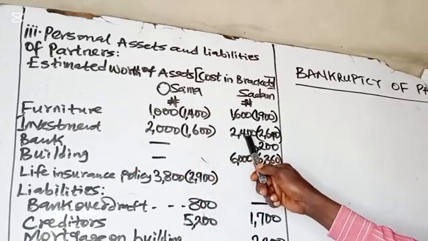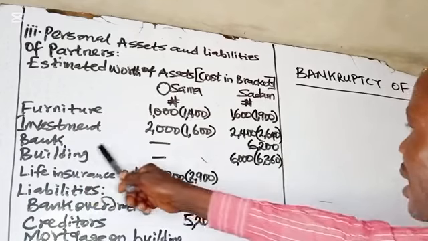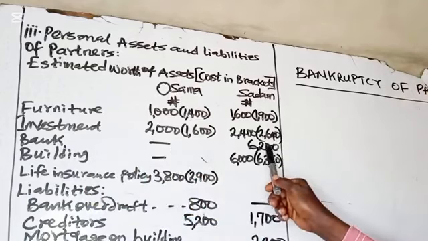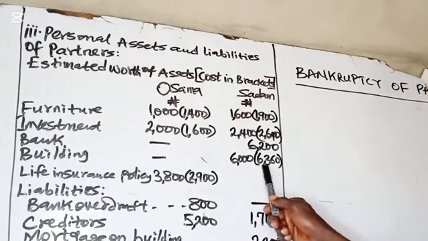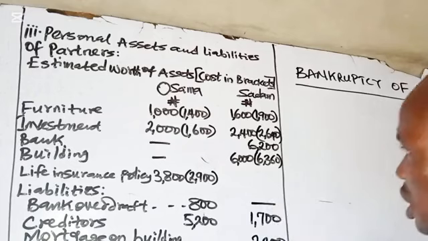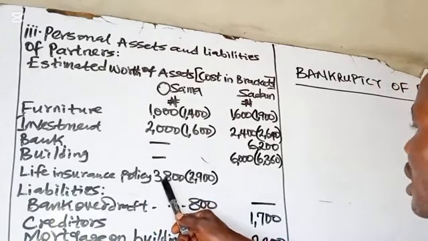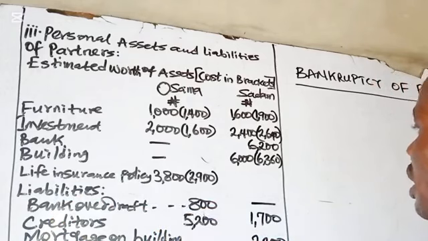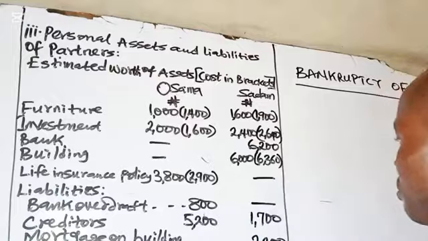For Saddam, 2,400, 2,640 being the cost. Bank, nil, at 6,200. Building, nil, 6,000, the cost is 6,360. Life insurance policy, 3,800, the cost is 2,900. And for Saddam is nil.